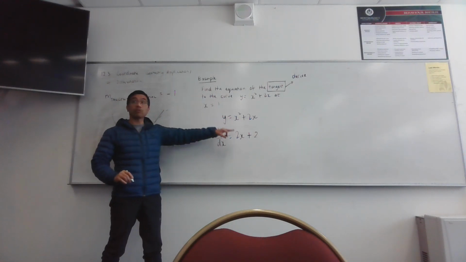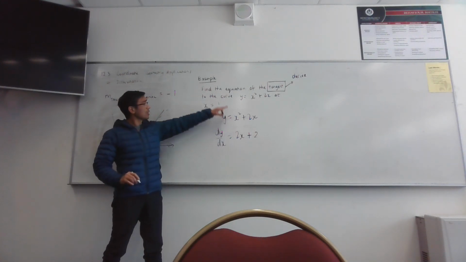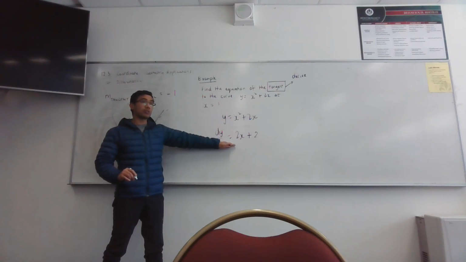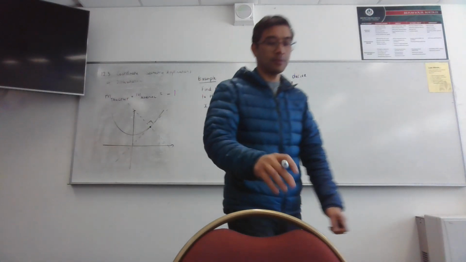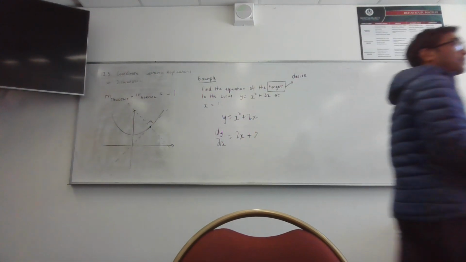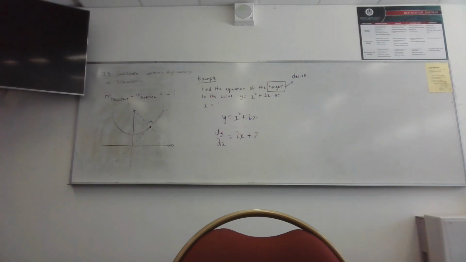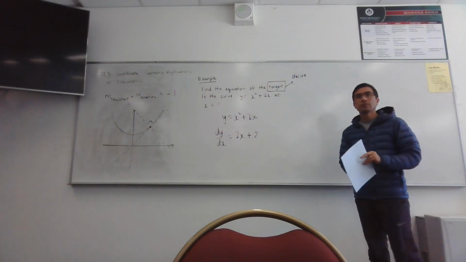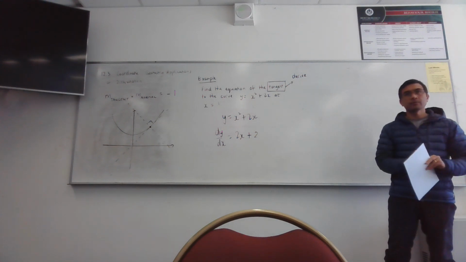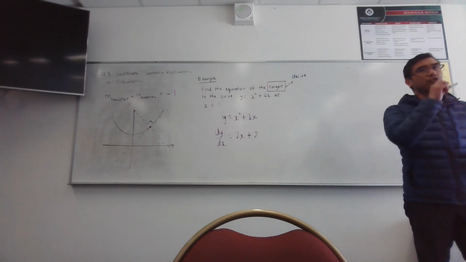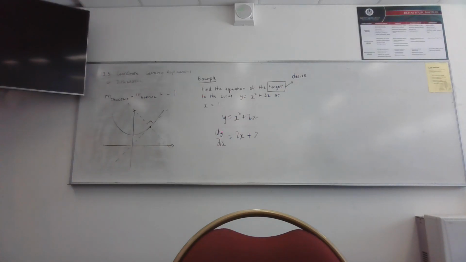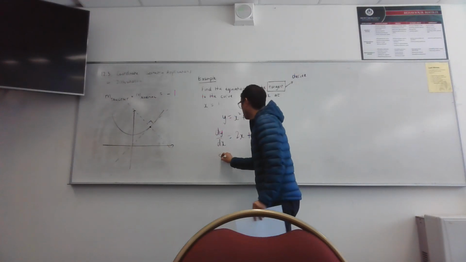We've got equation and derivative equation. We want to find the equation of the tangent to the curve x squared plus 2x. What am I going to do to this derivative equation? We're subbing the x equals 1 because that's the focal point.